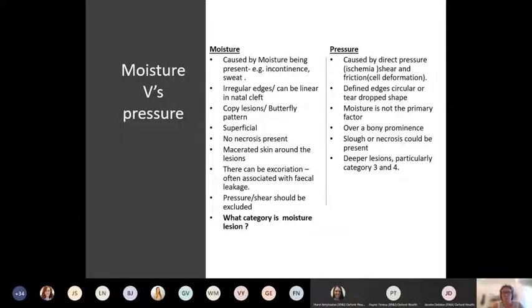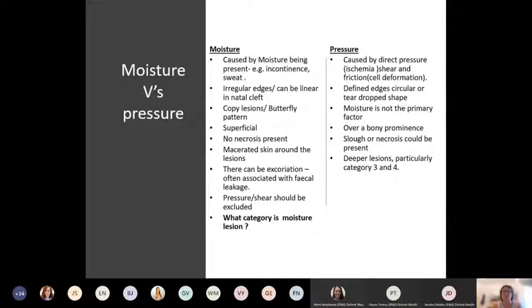You need to think more about it. Moisture damage is usually shallow. It often has irregular edges. You can also get the linear form. So in the natal cleft between the buttocks, you can get that little yellow line of slough. That's not pressure damage. That linear thing tells you that's moisture damage. So that's quite a classic telltale.